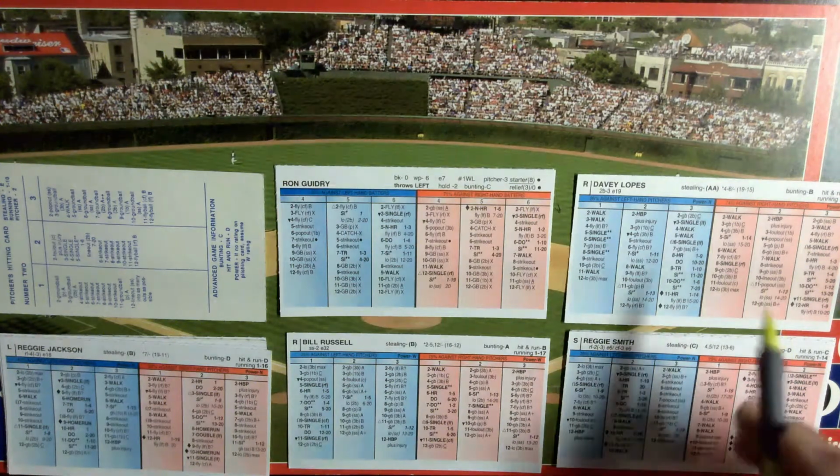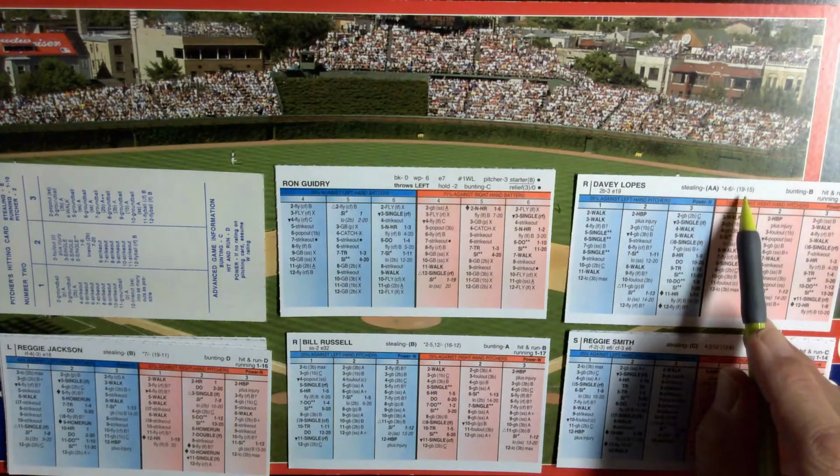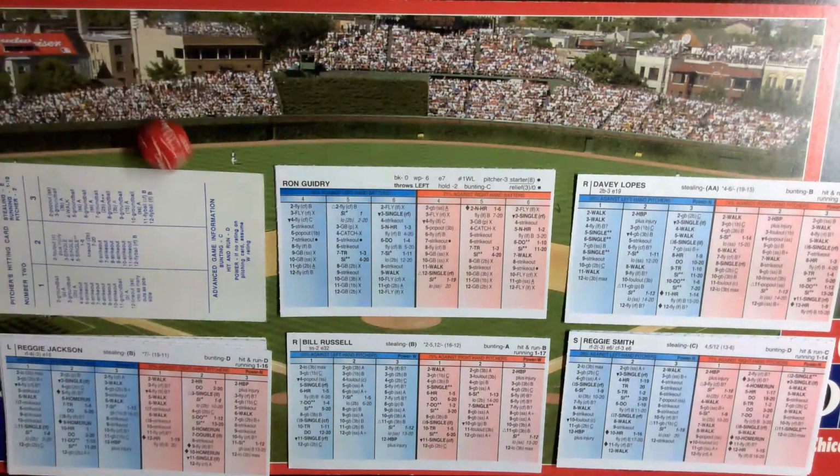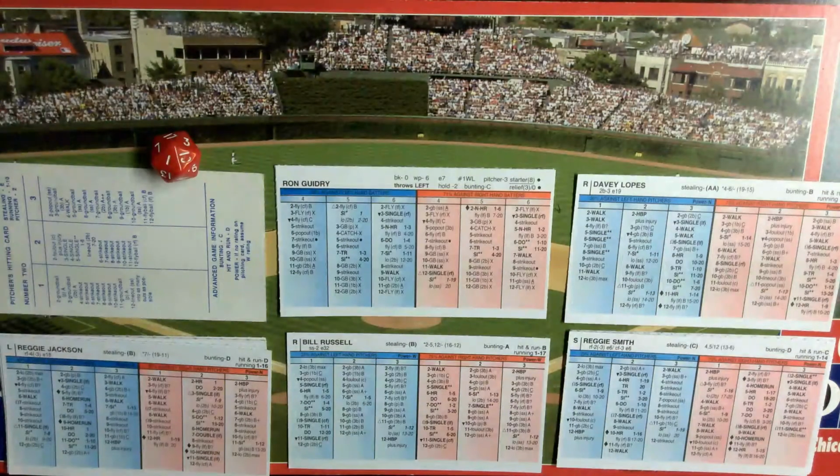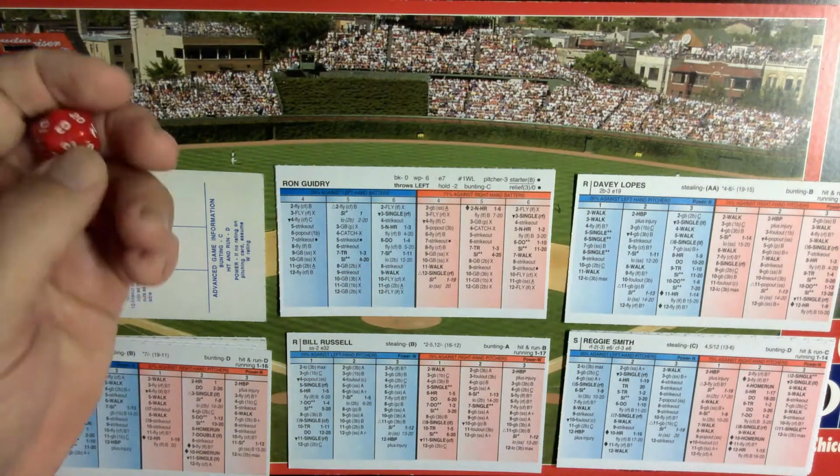So Lopes would have a successful stolen base on a 14 or less. So that is a successful stolen base. However, it does fall within Thurman Munson's chance to throw the ball away. So on a roll of 1 through 9, Munson commits a throwing error, and Lopes will advance an extra base.